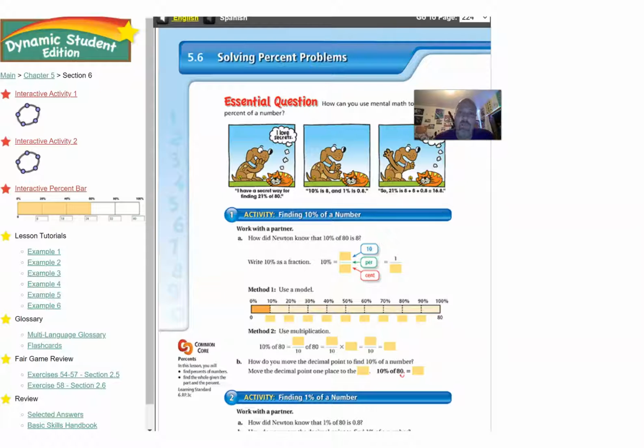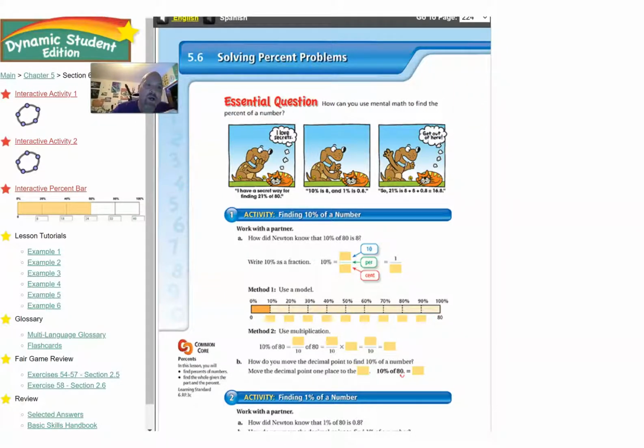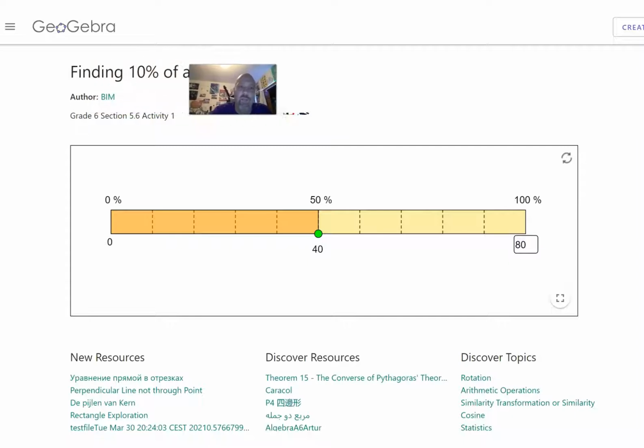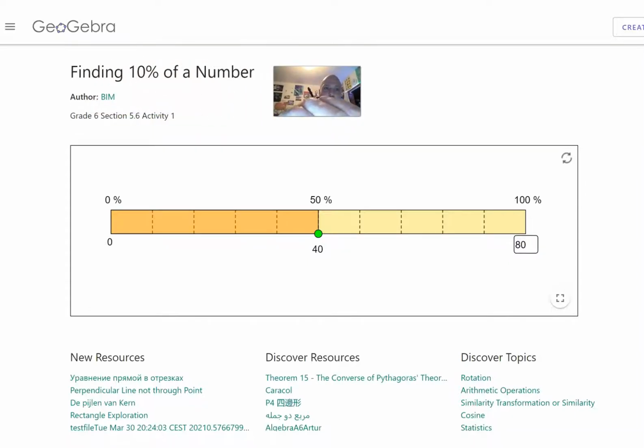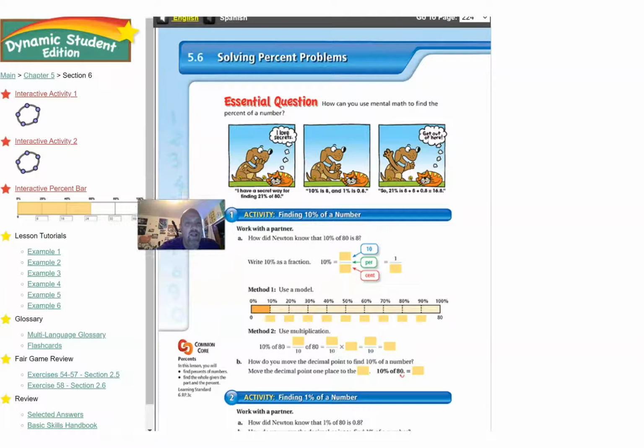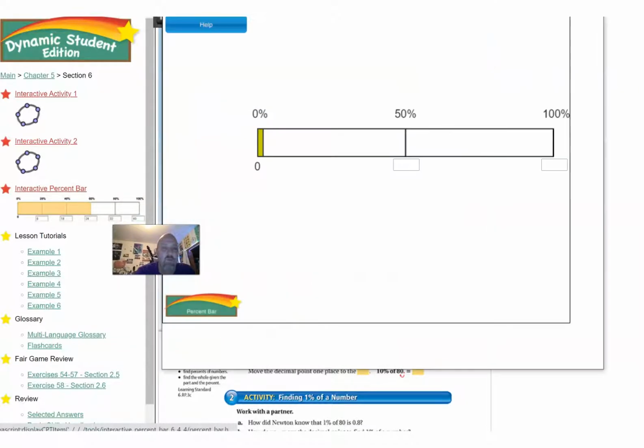And our book has some kind of cool stuff. If you look over here, a couple interactive pieces. One, you can put any number in here and it'll tell you this is the 10% number finder, which is kind of cool. And this next one, I'll just tell you, this guy right here is a 1%. A lot of times you can do that in your head. And then here's a kind of an interactive bar too.